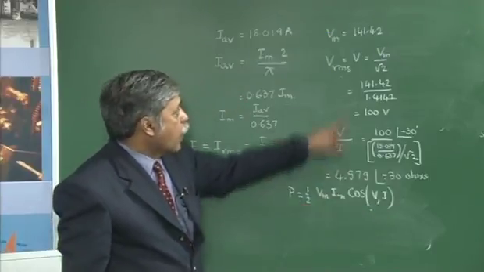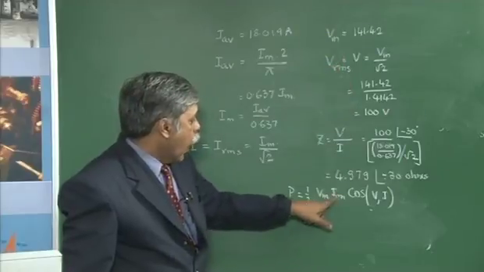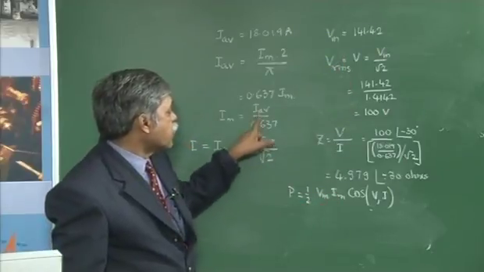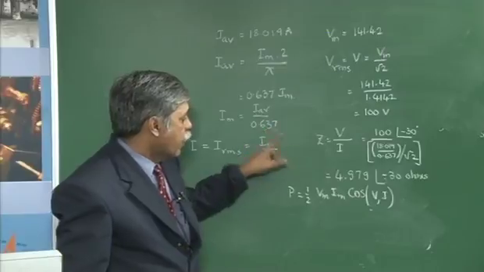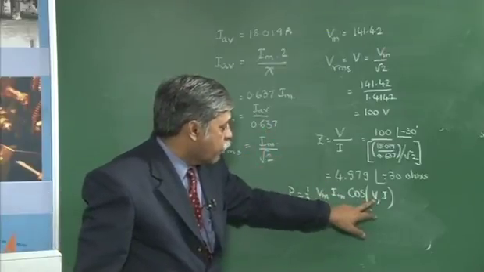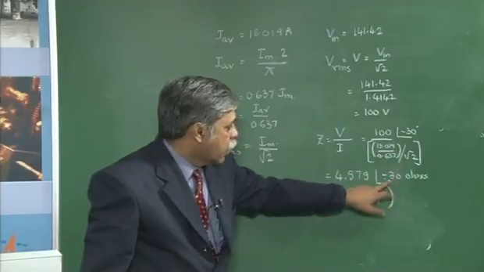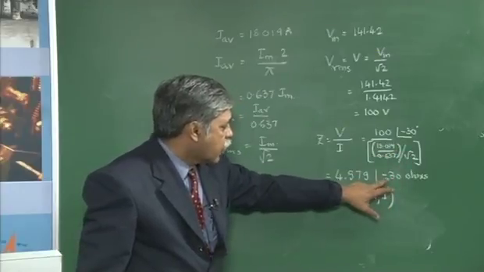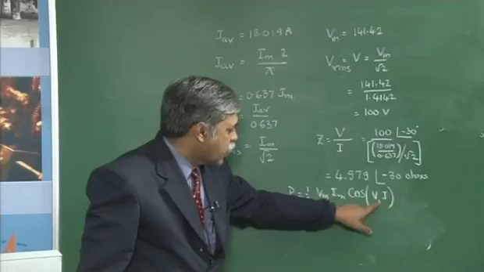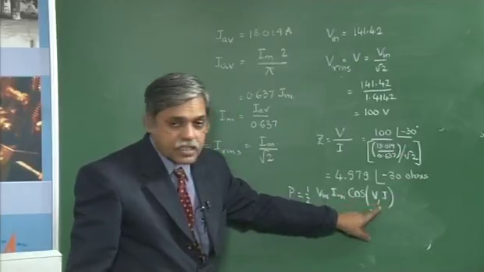I know the peak value 141.42. I know the peak value of the current given like this, I average by 0.637. Cosine of the angle between voltage and current, what you see here is 30 degrees, okay. It is given in the statement itself, 30 degrees. So I will take cos 30, which comes to be 0.866.